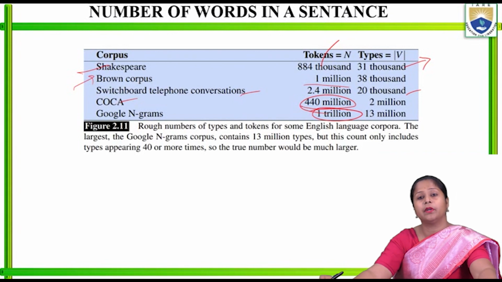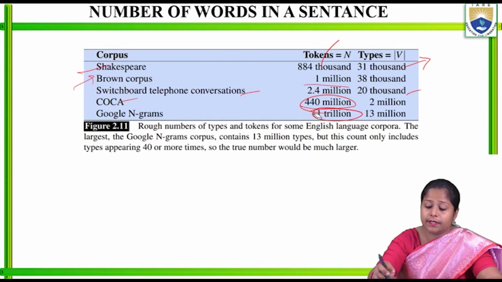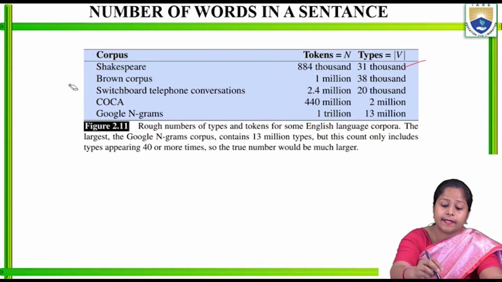So that is a rough number of types and tokens from some of these corpora based on the English language.